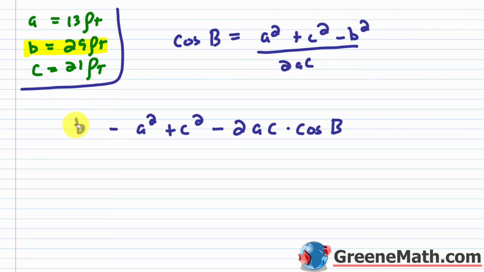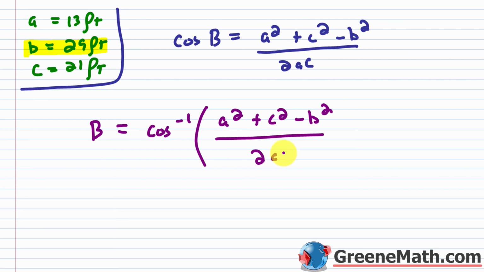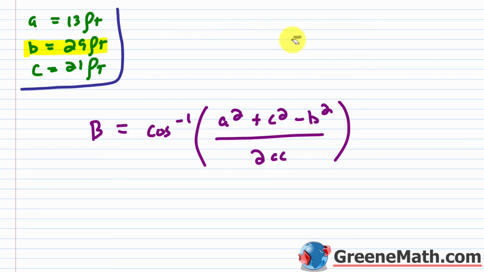Okay, so let's get rid of this. And again, if you really wanted to take this forward, you could say that B is equal to the cosine inverse of, you can just grab this right here. So A squared plus C squared minus B squared over 2AC. Okay, so you can just plug in like this and basically find out what B is approximately.